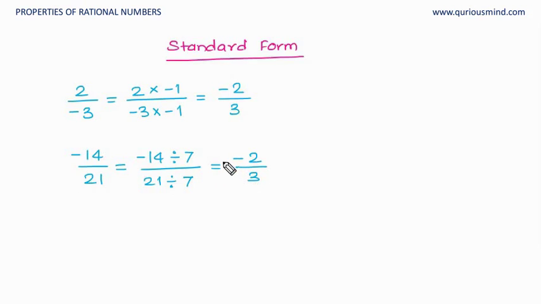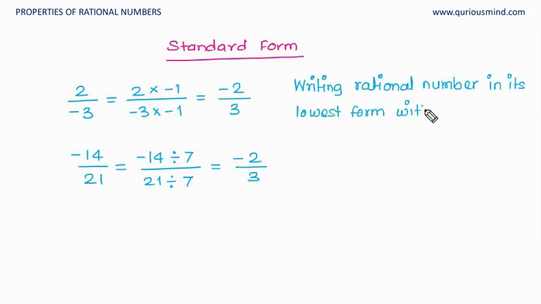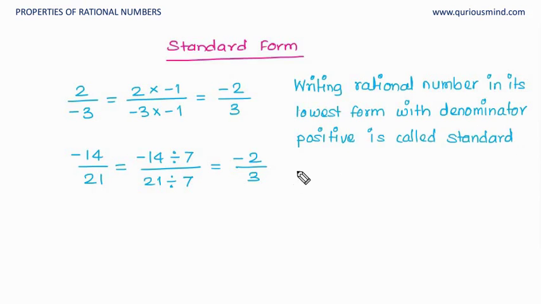So when rational number is written in the lowest form such that the denominator is positive number, we call it standard form. So what is important is lowest form and denominator positive.